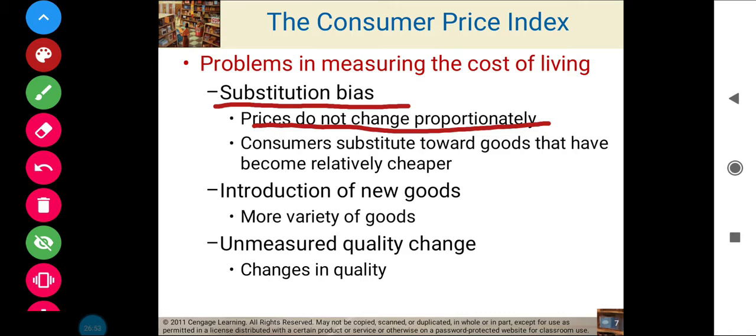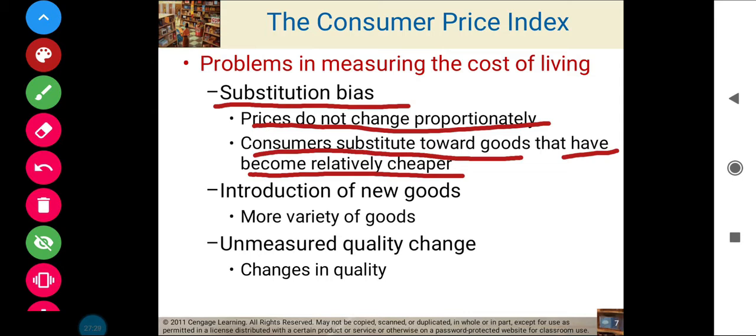And when the price of a good rises so high, or becomes so expensive, consumers will tend to buy fewer of it. On the other hand, they will buy more goods at a lower or cheaper price. That means consumers will substitute goods that have become relatively cheaper.